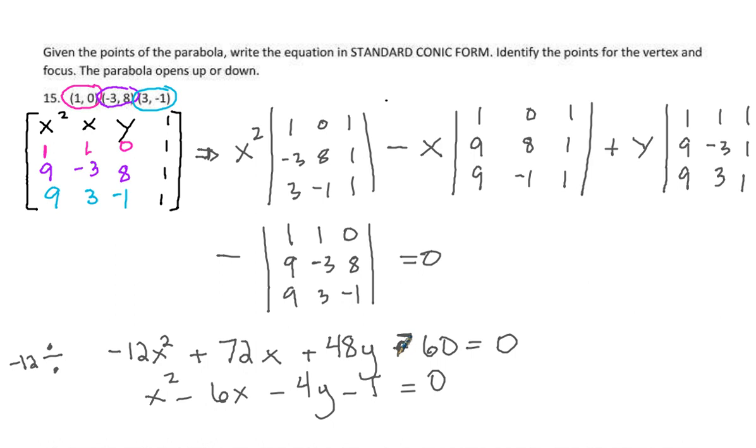So this is actually a -60, because this is a positive 60 determinant and we have a minus in front of it. This makes it a plus 5 here. Now to complete the square. Standard form for a parabola that opens up or down is x minus h squared equals 4p times y minus k.